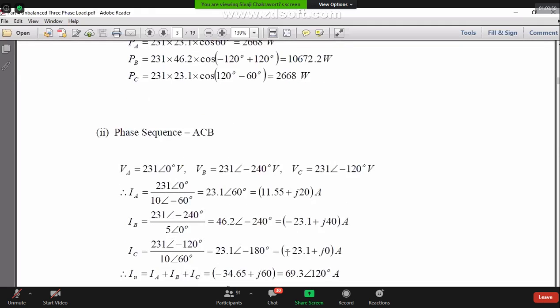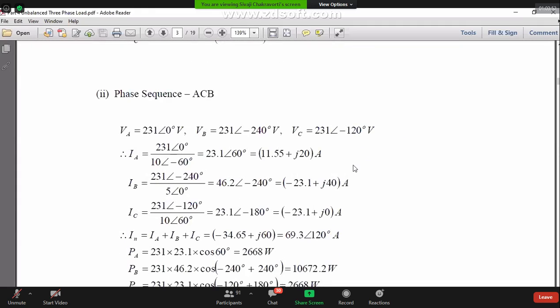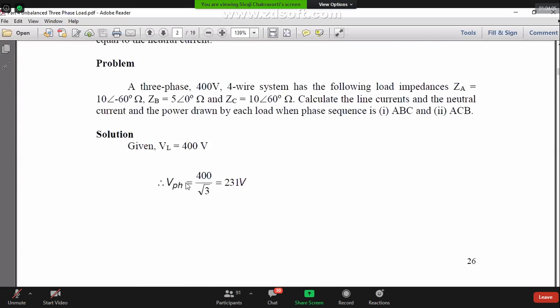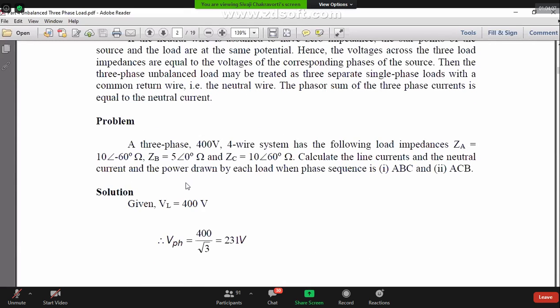It's wrong. Because you can see from this example that the three impedances ZA, ZB, ZC are different. Voltages are balanced, but the neutral current is 0.